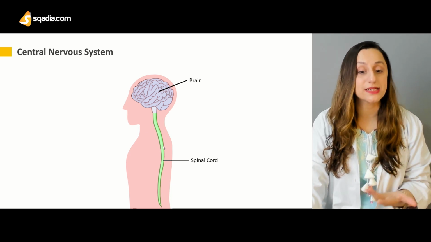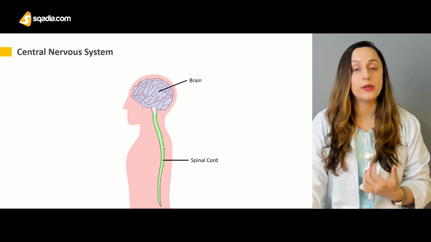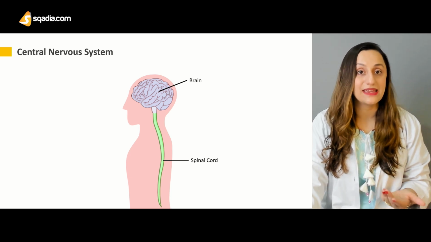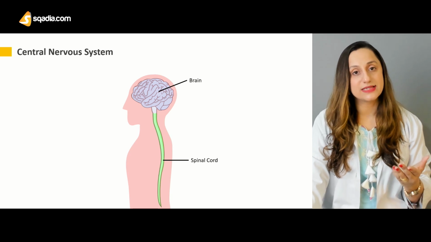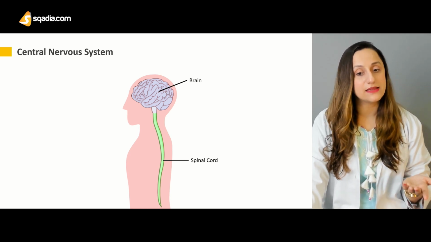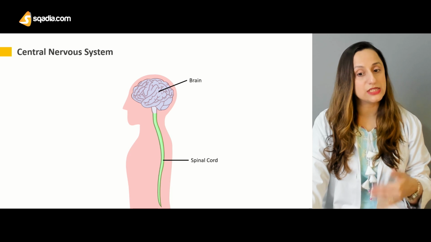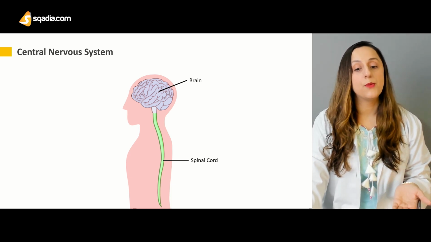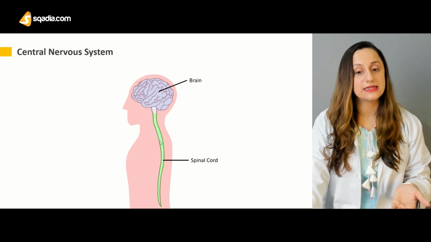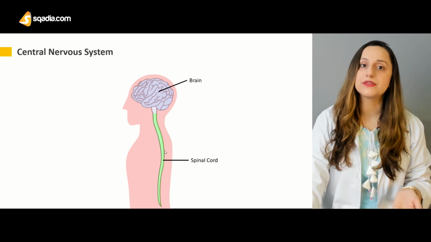There are a lot of tracts present. We can mainly divide them into ascending tracts that carry the sensations towards the higher centers of the brain, and then the messages are conveyed along the descending tracts, which are also known as the motor tracts, and they are present at the different columns of the spinal cord.